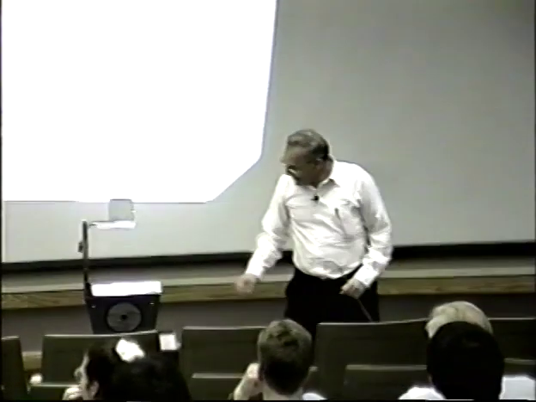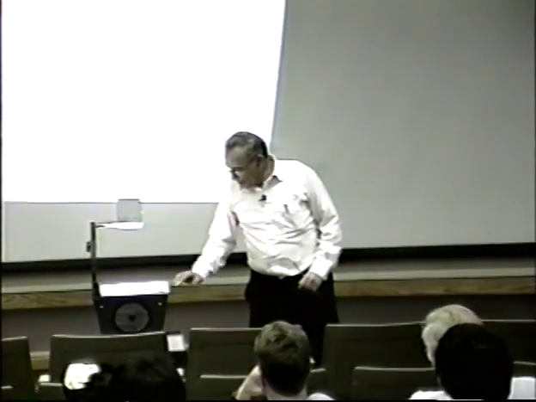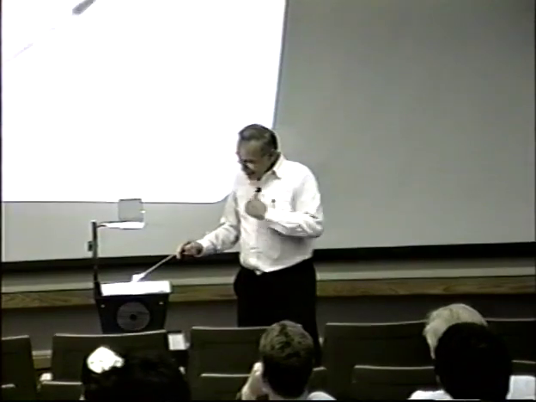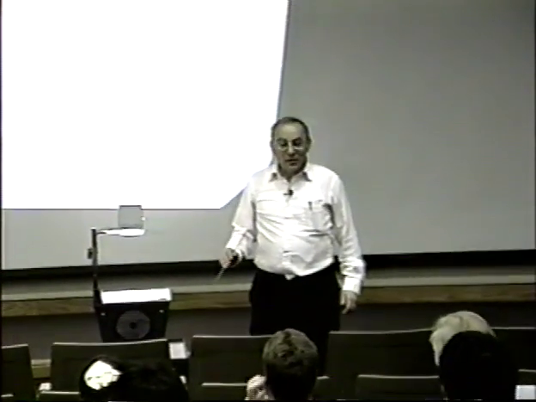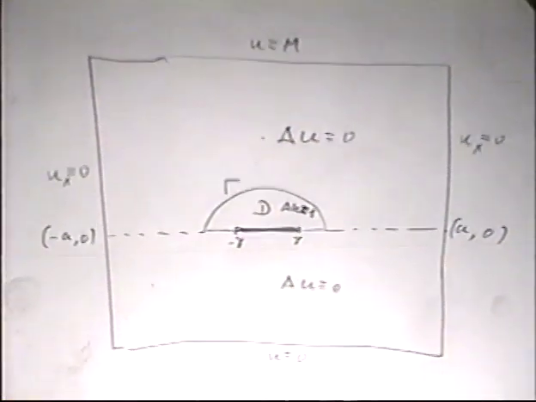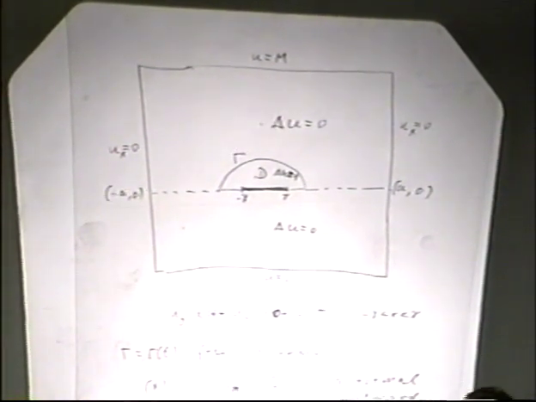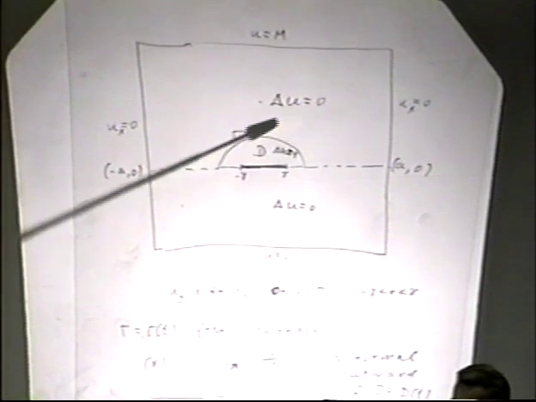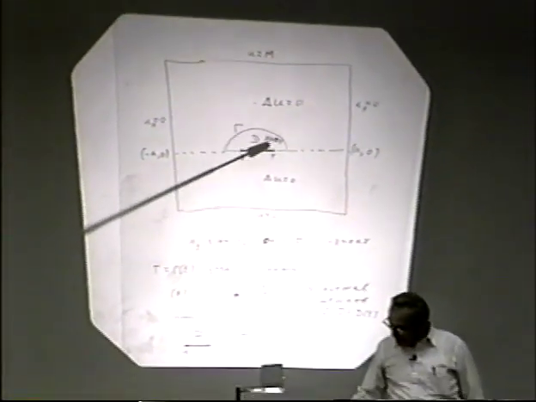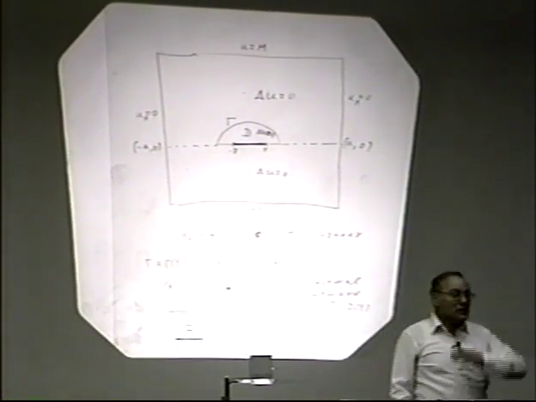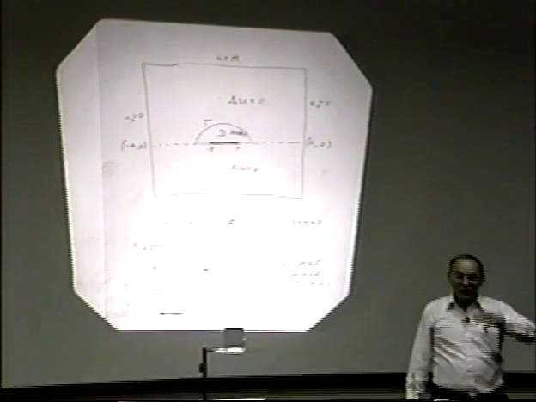Now, when you want to solve an equation for Laplacian u equal to something, to 0 or to 1 here and some jump in, what you have to know is boundary conditions, and then you can solve it. So you have boundary conditions here, here, here, and here. Then you should be able to solve it. But we don't really know where the equation satisfies Laplacian u is 0 or Laplacian u is 1, because we don't know this boundary. This boundary is not known. In fact, it's changing. It's moving in time.